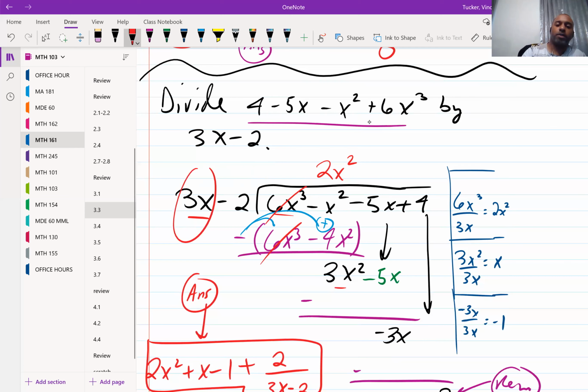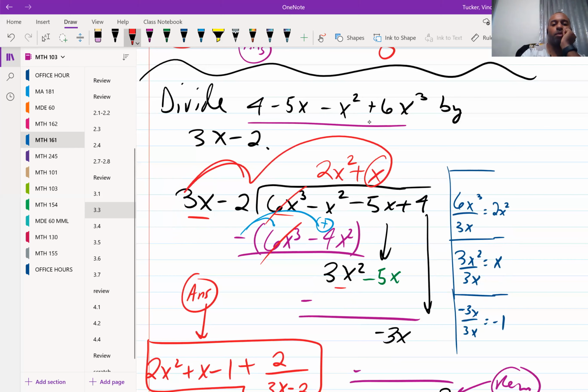Now comparing first terms again, 3x and 3x squared. What times 3x will give me 3x squared? That'll just be x. x times 3x will give me 3x squared.